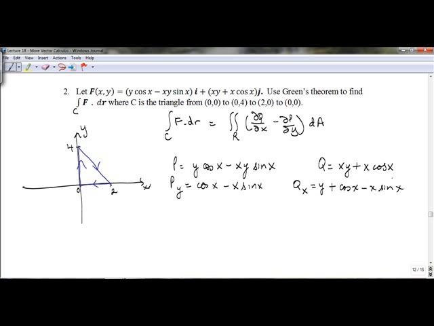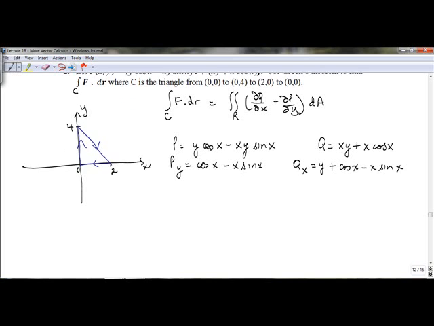Let's subtract now. Partial of Q with respect to x minus partial of P with respect to y is y plus cosine x minus x sine x minus cosine x minus x sine x.